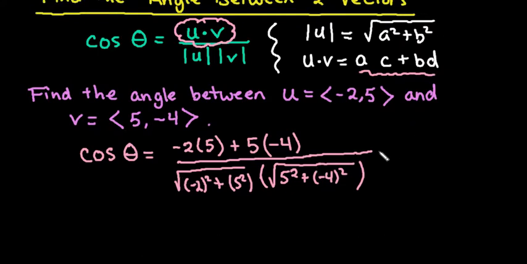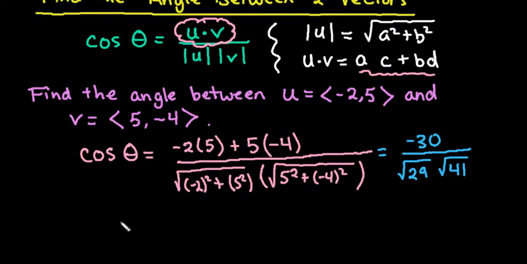I am going to go ahead and do some simplifying just to make it easier. So -2 times 5 ends up giving me -10, plus -20, which gives me -30 on the top. In the denominator, -2 squared is 4 plus 5 squared, so I end up with 4 plus 25, which is 29, times the square root of 25 plus 16, which is 41.